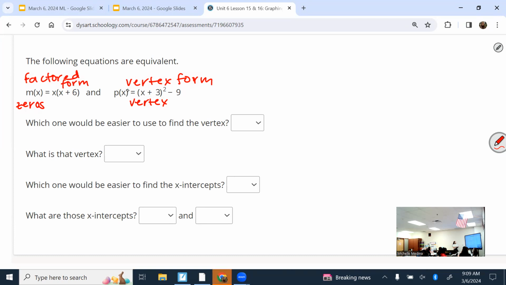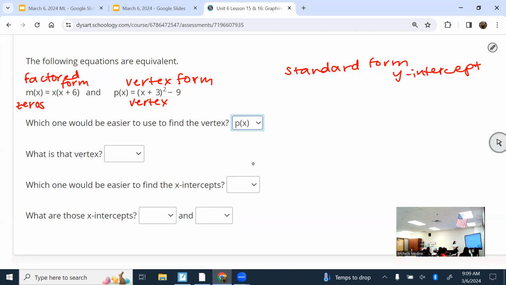In standard form, which is not on this page, you can easily see your y-intercept, okay? Now, this one says which one would be easier to find the vertex. That would have to be the one that's in vertex form, so P of x. And then it said, what is the vertex? So based on what we know from vertex form, our vertex is HK.